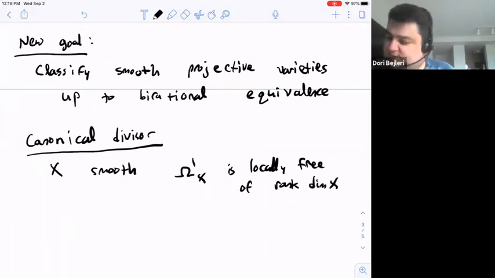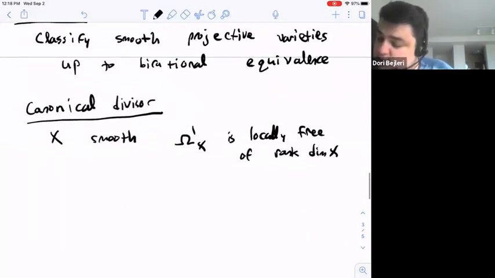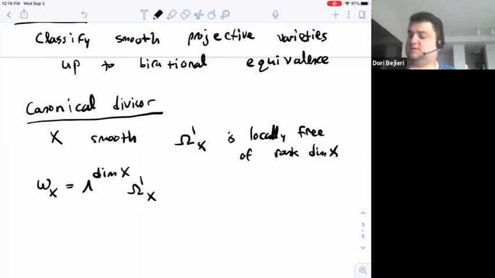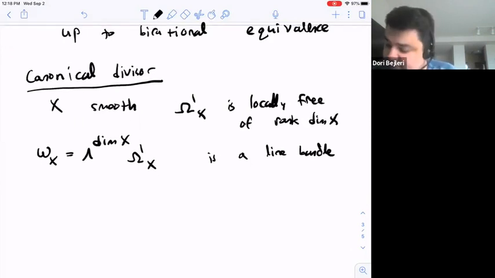Roughly, we can think of this as we can do calculus locally on X. And from this, we can produce a line bundle, the canonical line bundle, which is this top wedge power of omega. And now we can define the canonical divisor, or a canonical divisor.